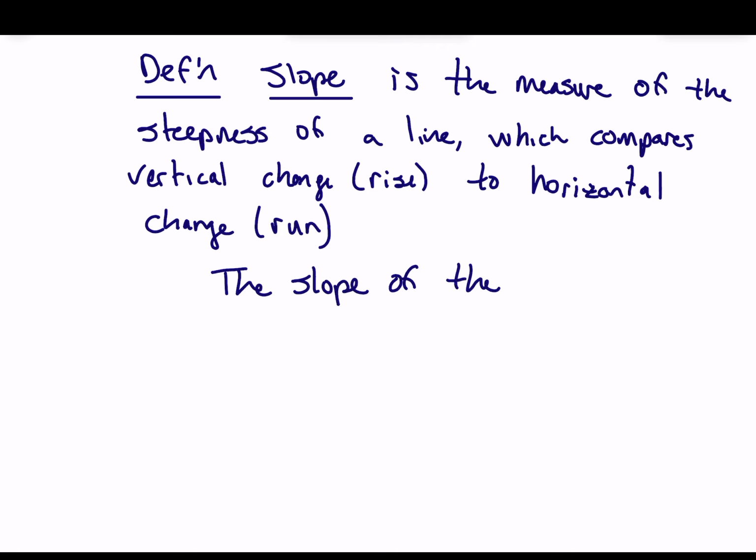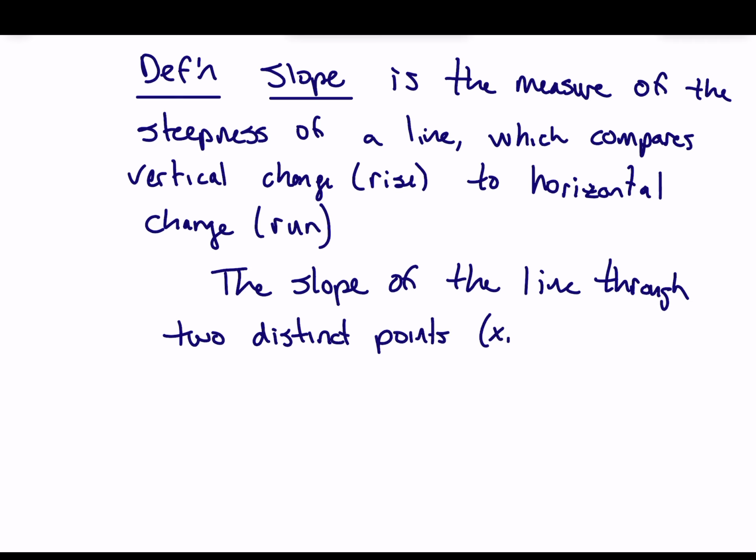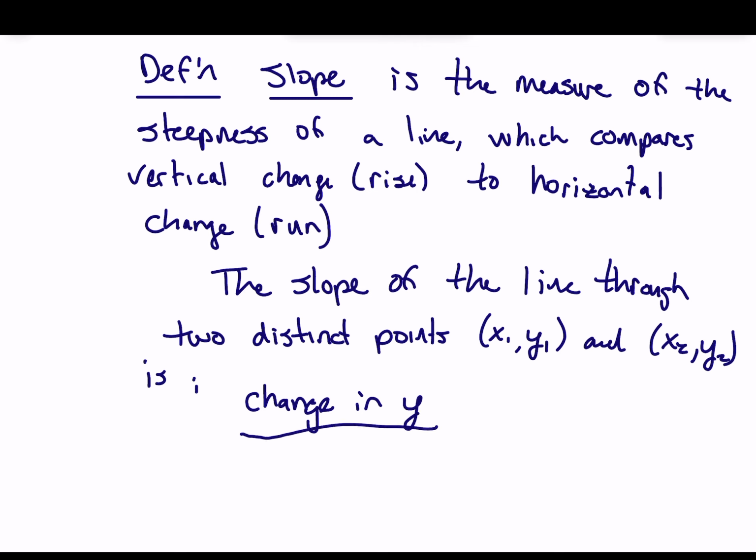of the line through two distinct points, let's rewrite that. Our distinct points are x1, y1, and x2, y2. And it is the change in y divided by the change in x, which is equal to the rise divided by the run.